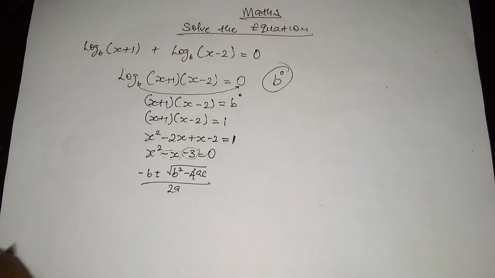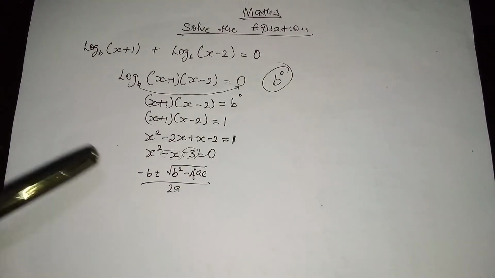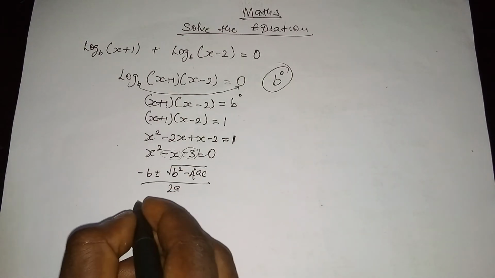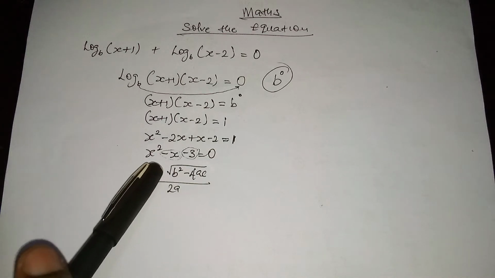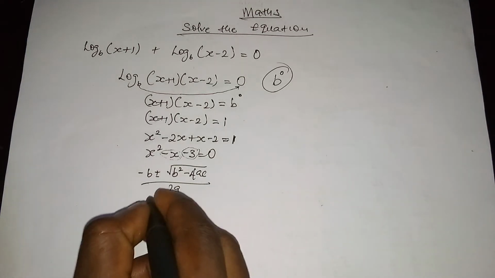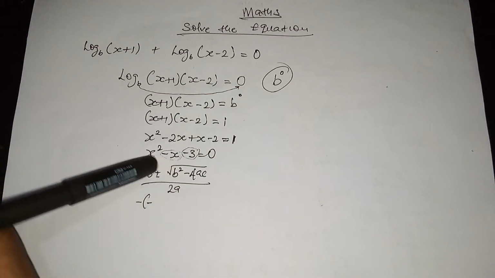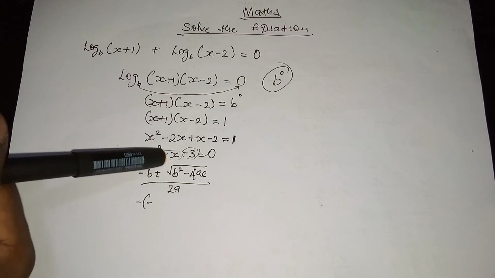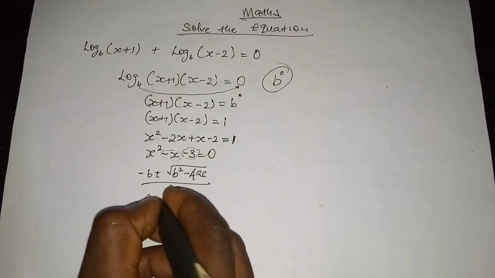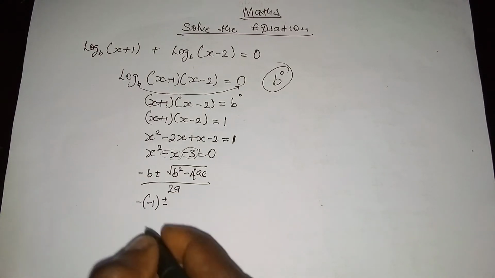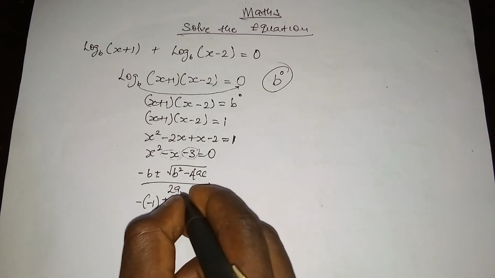So very quickly I'm going to substitute in my values and solve. I have negative b, and my b is negative x, remember, and x is having a coefficient of an invisible 1, so I'm going to have negative 1, then plus or minus the square root.